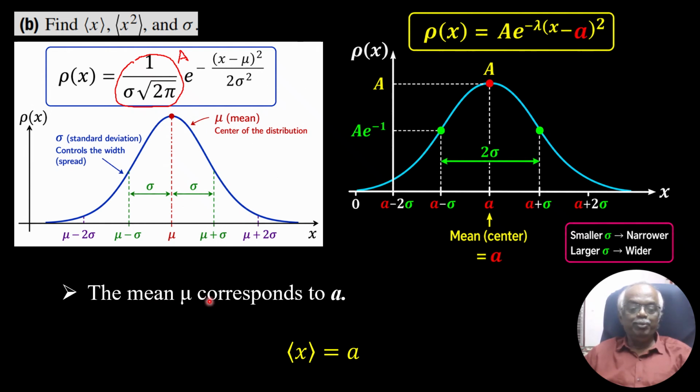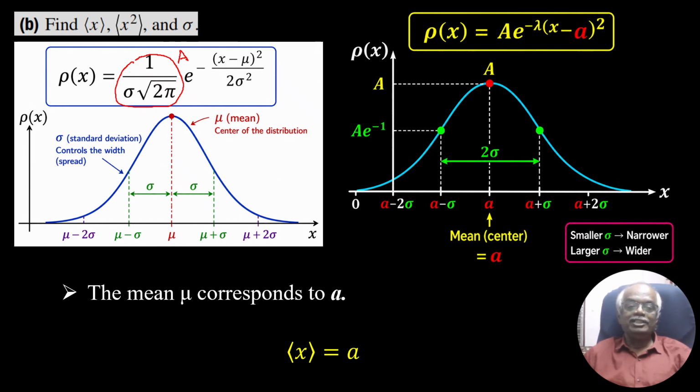Here it is mu, here it is a. So the expectation value is a because it is equally distributed on both the left side and the right side, centered around a.